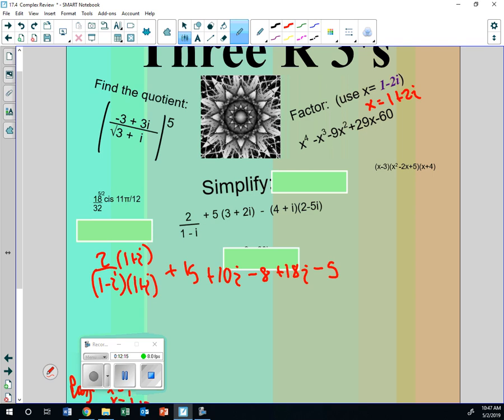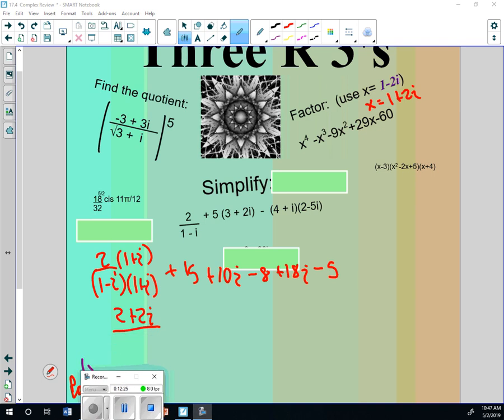So this one here at the top is going to be 2 plus 2i. In the bottom, it's going to be 1. Negative i plus i is 0. Minus i times i will be plus 1. And if you divide 2 over 2 and 2 over 2, this one just turns into 1 plus i.